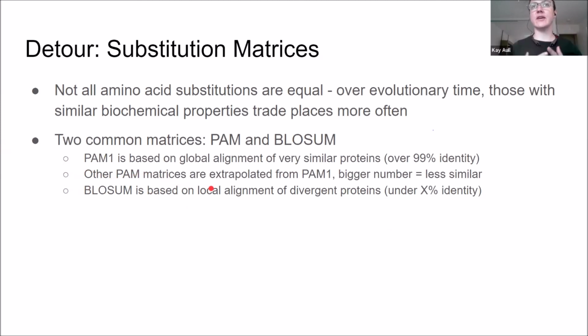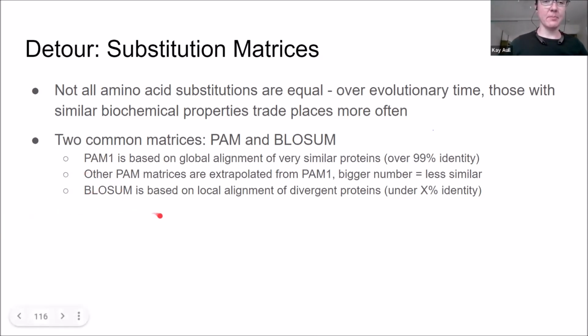These are things that are over 99% identity, and you're looking for mutations in the closely related. And then in order to get a higher PAM score, because most of the time you're looking for more than 1%, you just extrapolate it from those closely related ones, just multiply it by that much.